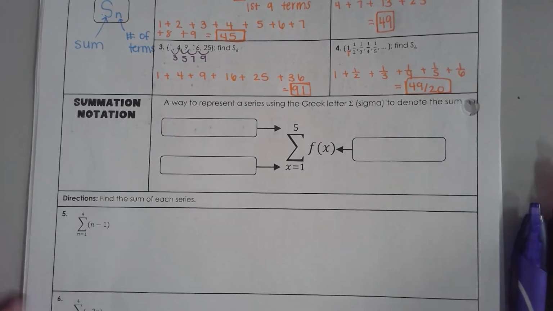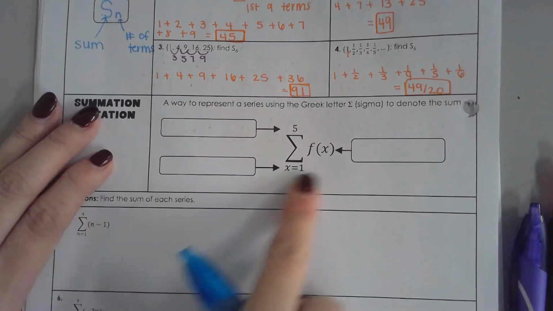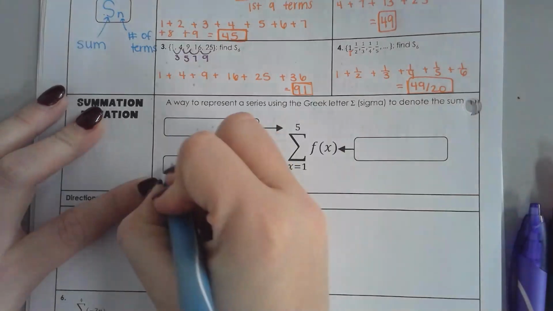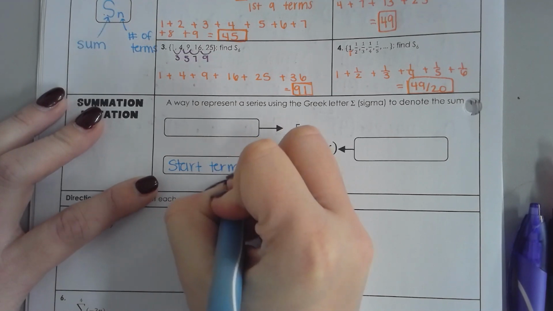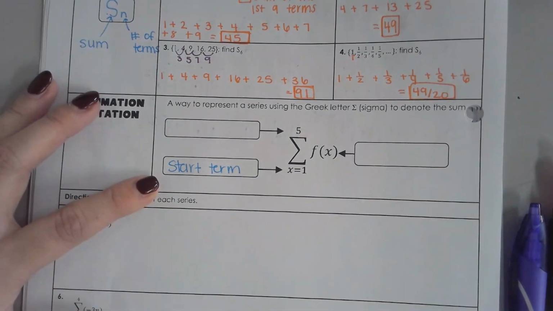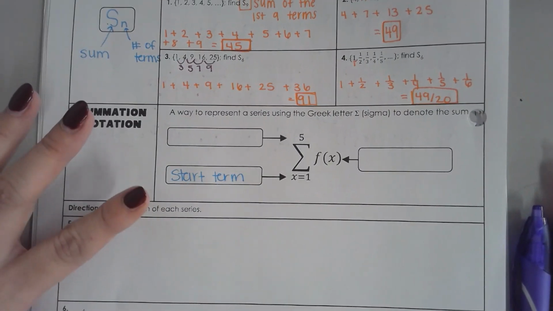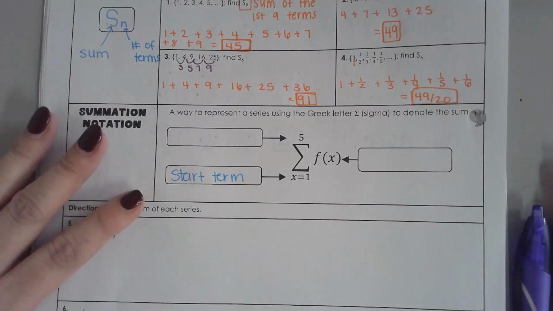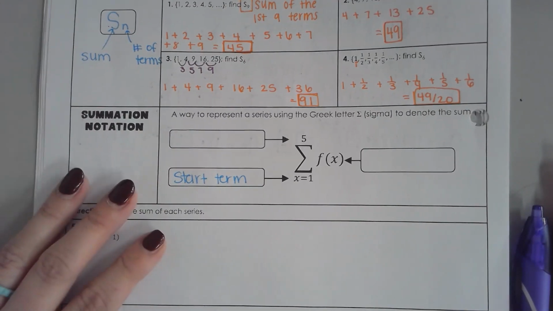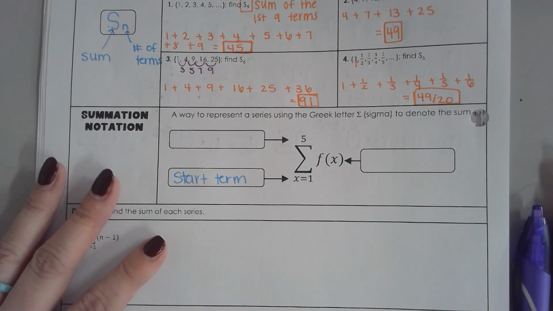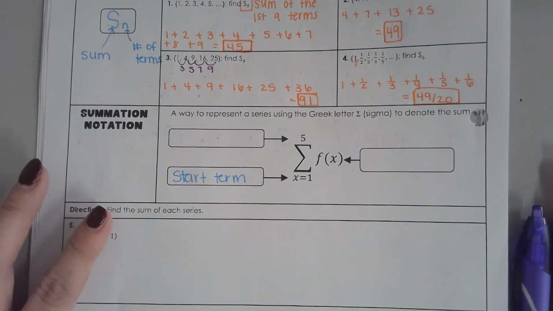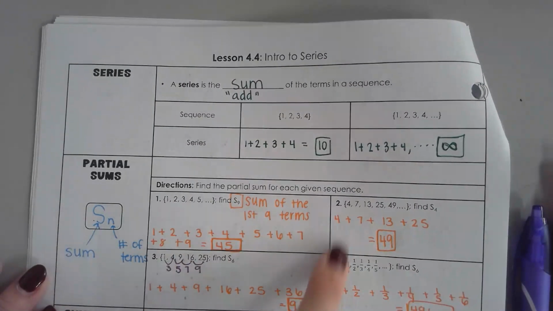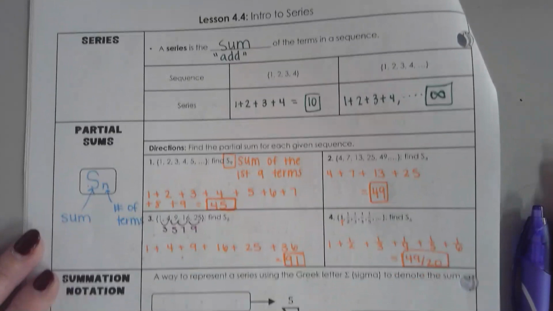So here's how it works out. You're going to have something on the bottom. That's your starting term. So you are going to be telling your calculator to add up some numbers, and you're going to tell your calculator where to start adding. For the most part, you're always going to be starting with the first term, like in all of these, when we started counting, we started with the first one listed.